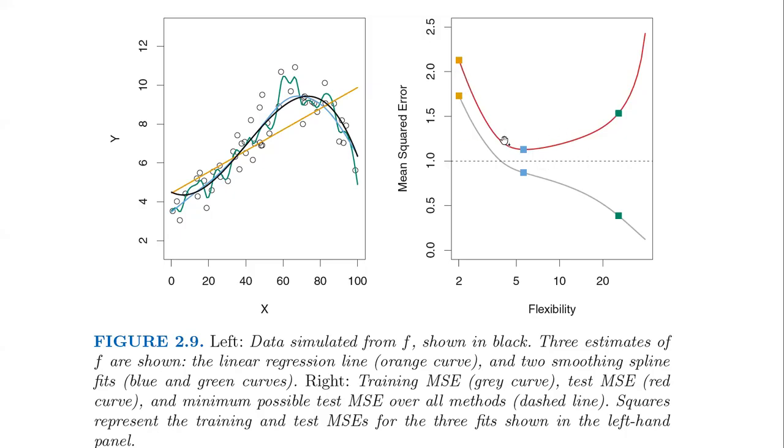And looking at the red curve, which was used on test data, not training data, it's the same principle, just different data. From these three mean squared errors, on the basis of the mean squared error, this is the best model. Now, there might be other considerations, but this would be the best model with respect to the mean squared error.